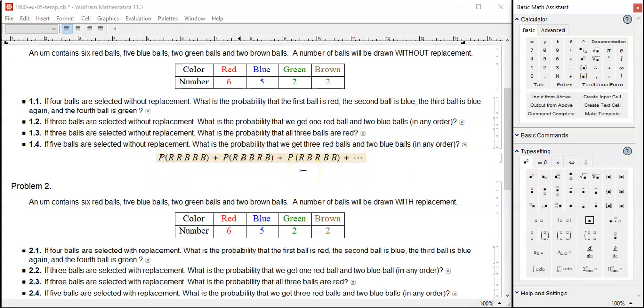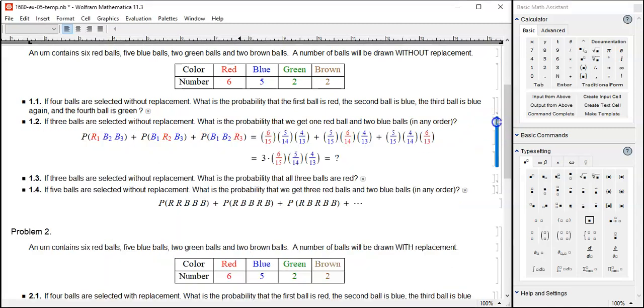As for the probability of an individual sequence, it should not be that bad because multiplication is commutative. As you saw before, each sequence will give me the same probability because it's basically rearranging the multiplication of the numerator, 6, 5, and 4 in this case, and then the denominator, 15, 14, 13. All the same, fine, but how many are there? That's a bit problematic here.